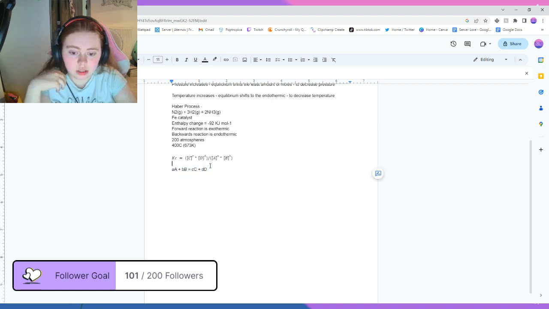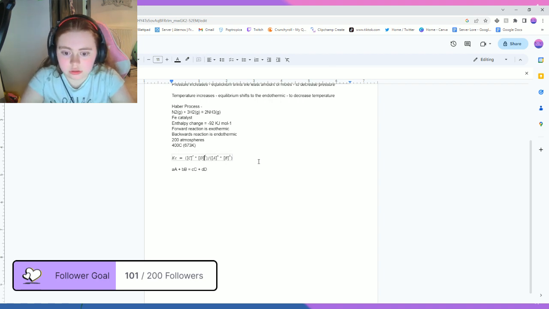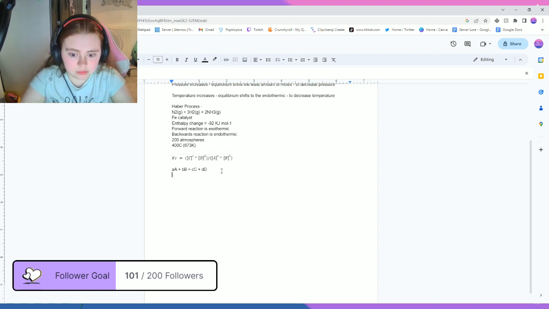So for example, if d was 2 and the molecule was H2SO4, it would be the concentration of H2SO4 to the power of 2.